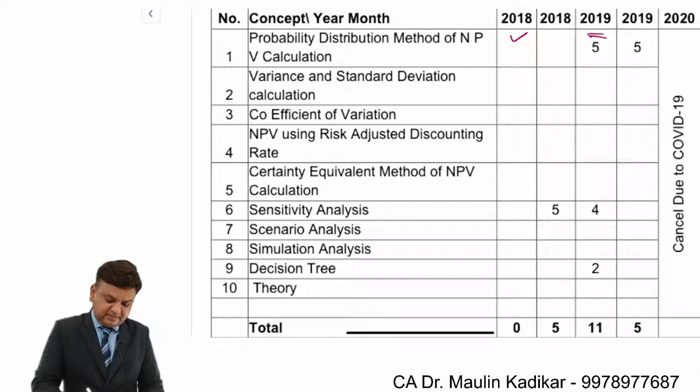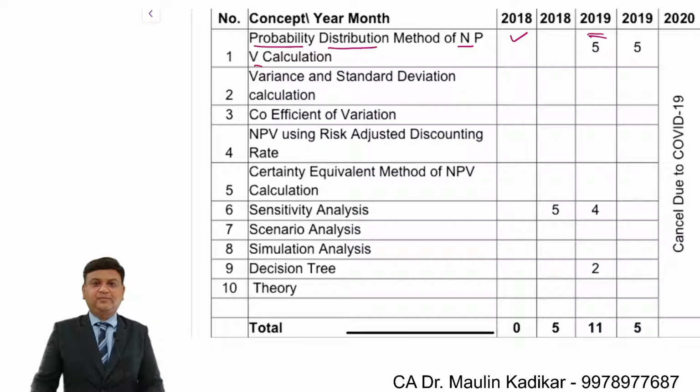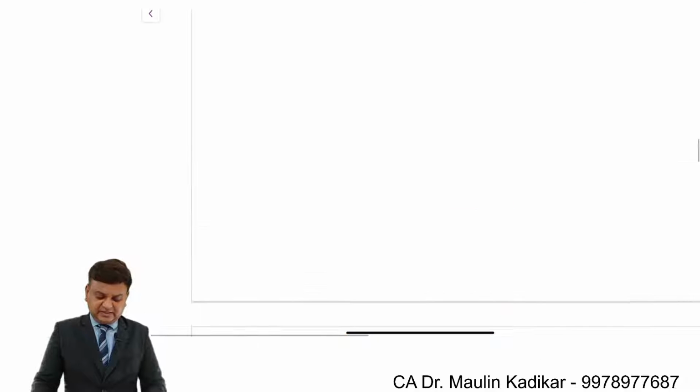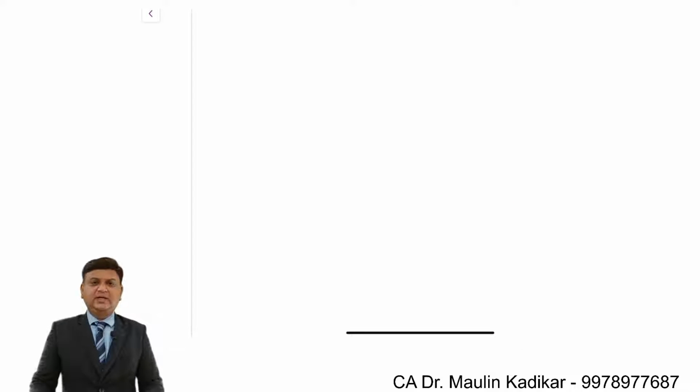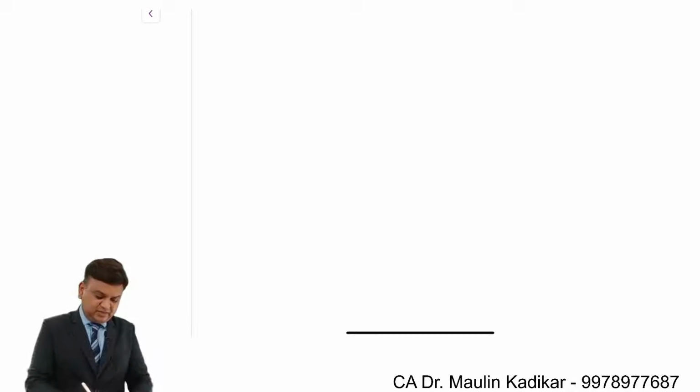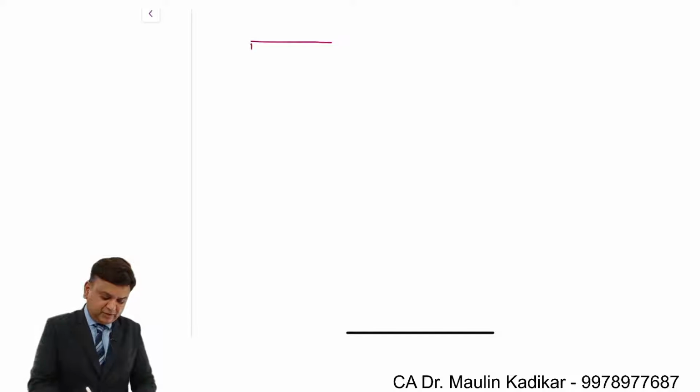The first is given the name probability distribution method of NPV calculation. Now what is the probability distribution method? It is something like this. Listen carefully. Suppose there is a company which is considering manufacturing and selling of a mobile phone in the market.